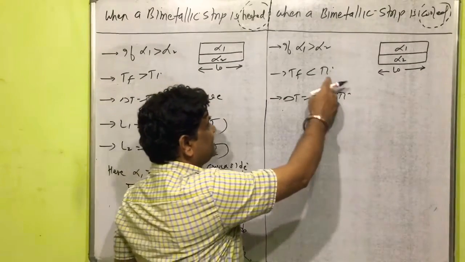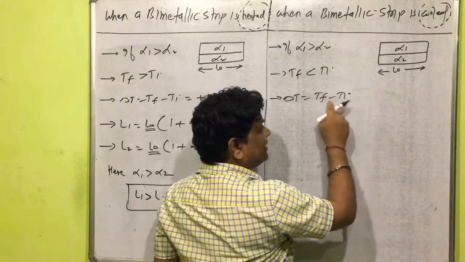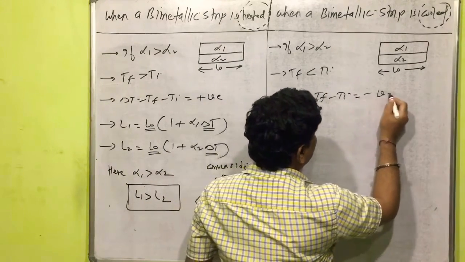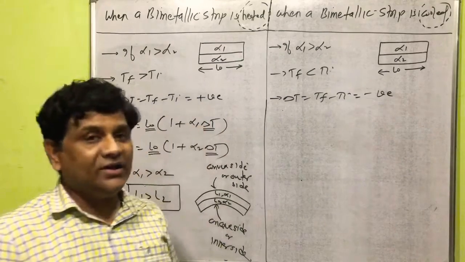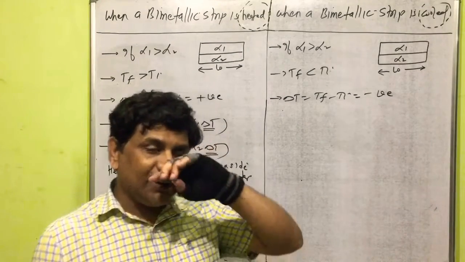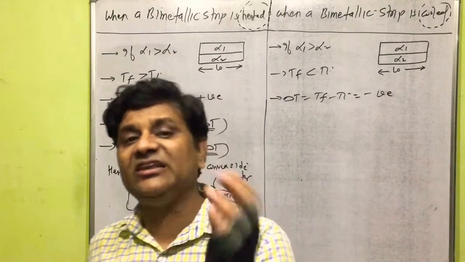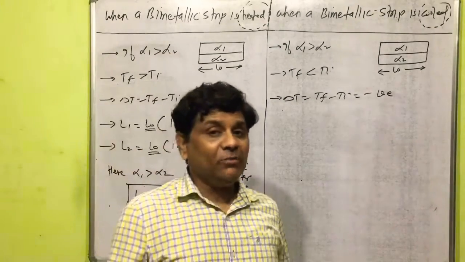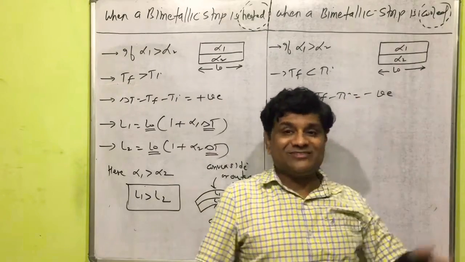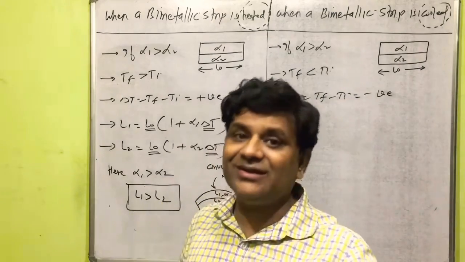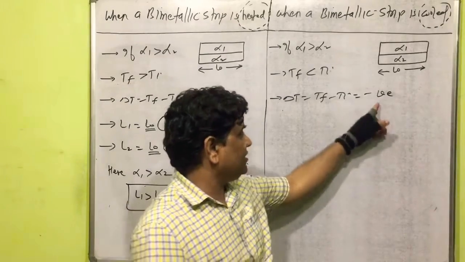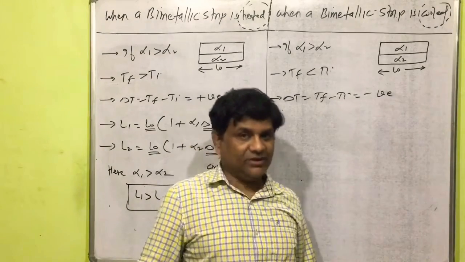Now T final is less than T initial, so delta T will be negative. So it must be clear here, when a bimetallic strip is heated, heated means delta T positive, and when it is cooled, cooled means delta T negative.